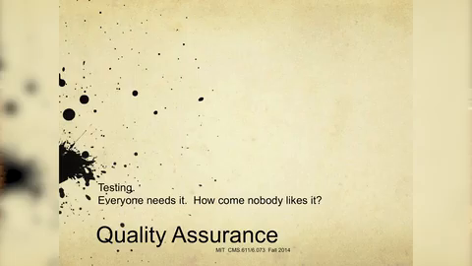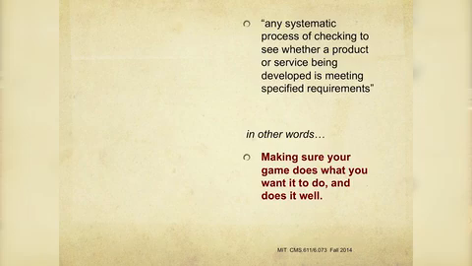So people say testing, people say quality assurance. What are they? Quality assurance is a whole process that involves a whole lot of different types of testing, but in general, it's the systematic process of checking to see whether a product or service being developed is meeting its specified requirements.